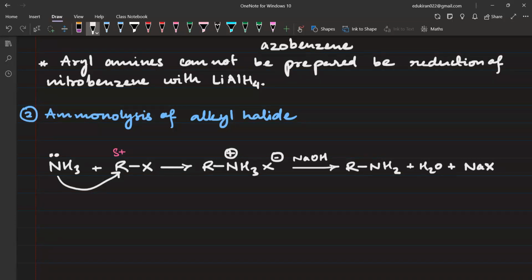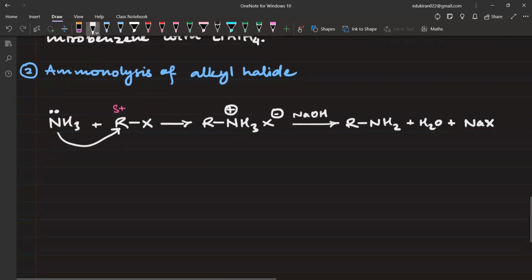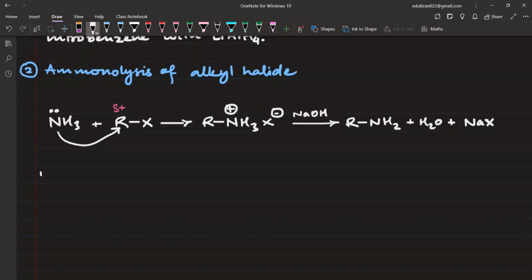Now we have RNH2 formed. This RNH2 also has a lone pair of electrons. When this reaction initially happened, ammonia attacked the alkyl halide and formed a primary amine, but some of the alkyl halide and some of the ammonia are still remaining.